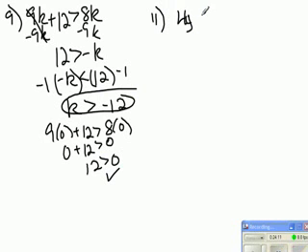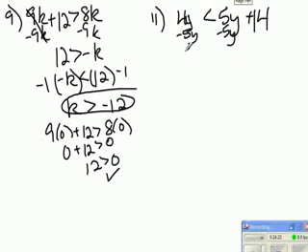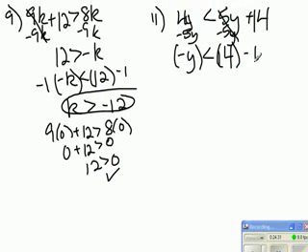4y is less than 5y plus 14. So I want to get my y's over here. So minus 5y. That gives me negative y is less than 14. Again, we don't want that negative, so we're going to multiply everything in here by negative 1, which gives me y and negative 14.